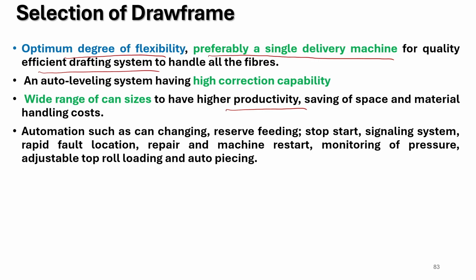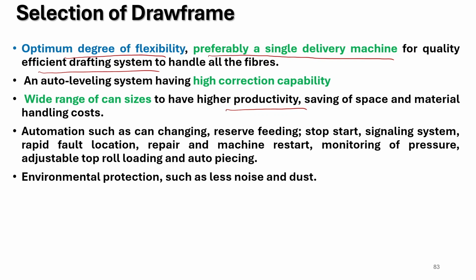Automation at different stages, start, stop motion, different signaling systems we should check. Environmental protection such as less noise and dust, these are the basic parameters before selecting the draw frame. We must take care of this. Central lubrication system will reduce the wastage of lubricant and also reduce the maintenance time.